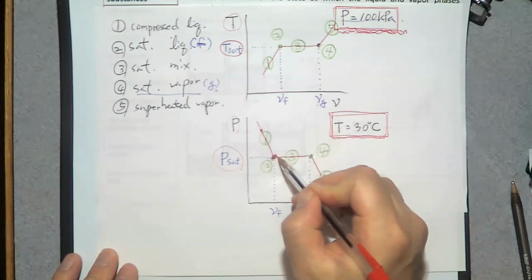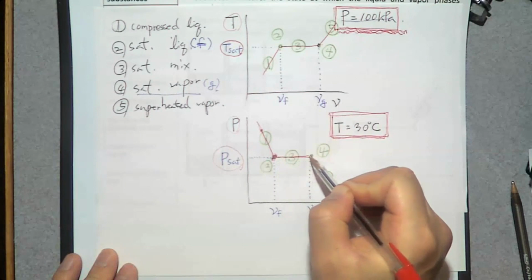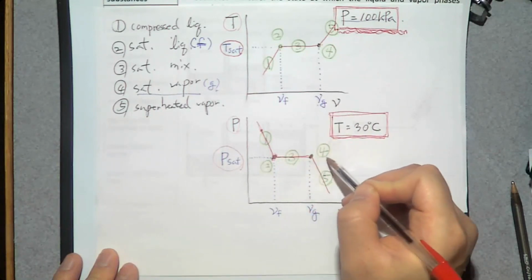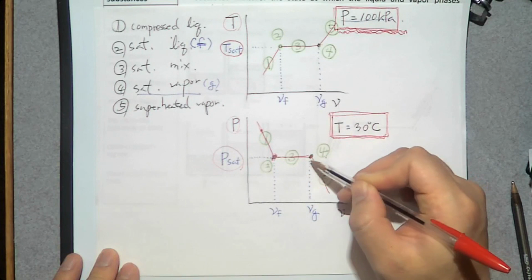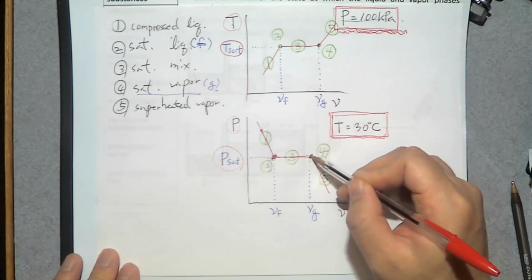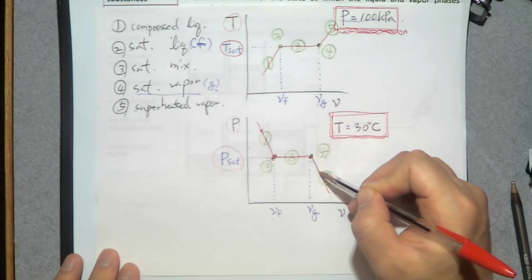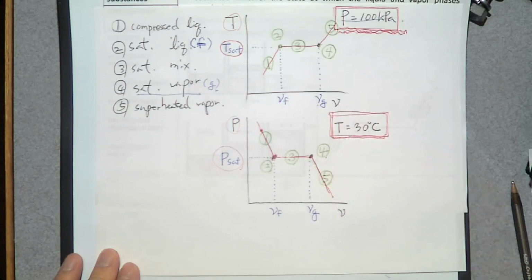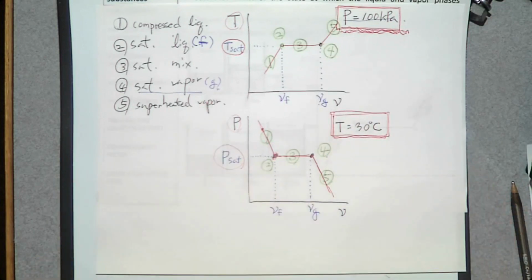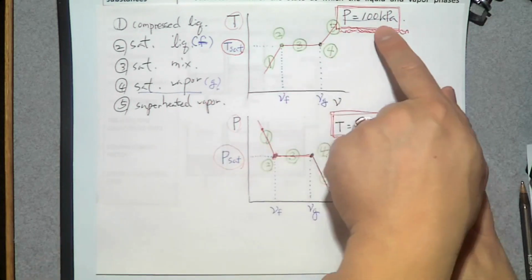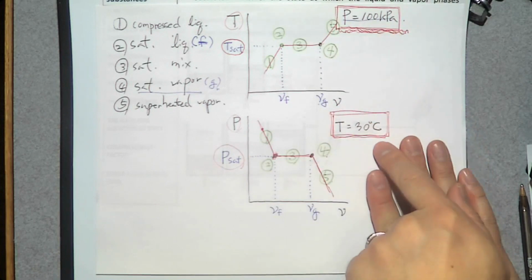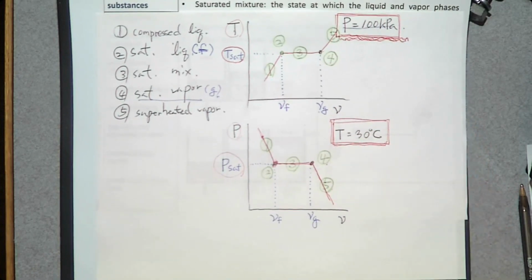Then there is a phase change from liquid to vapor, and once it completes, it is a saturated vapor. And if you continue to decrease the pressure of the system, then it becomes superheated vapor. So that's how phase change occurs at a constant pressure and at a constant temperature. Okay? So it is very important for you to understand how to make this TV and PV diagram.